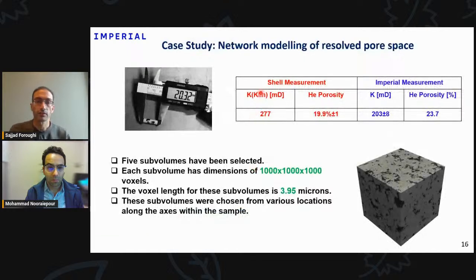This is the permeability provided by the laboratory in Shell, from a subvolume of that sample, which is a smaller part of the sample, and it is more or less in the same range as the bigger sample. So we selected five subvolumes from this sample, each with a size of 1,000 cubed. The voxel size is 3.95, and the helium porosity is 23%.